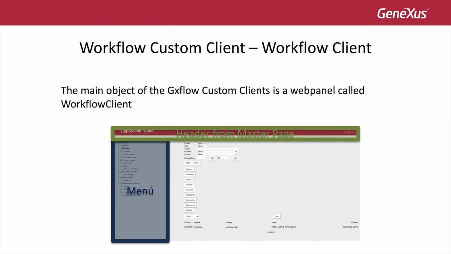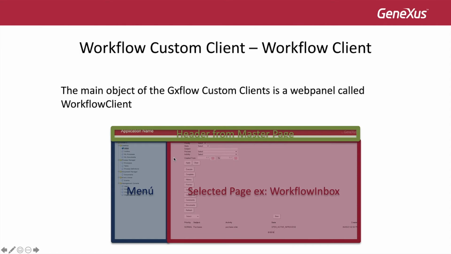Then a tree menu with all the functions that are provided by the custom client. We can click on those web panel links, and it will show the selected page in the right part of the panel. In this case, I have selected the inbox, and it is going to show the GXflow inbox web panel.